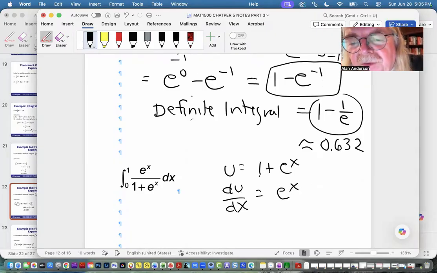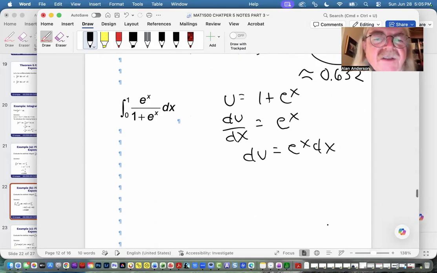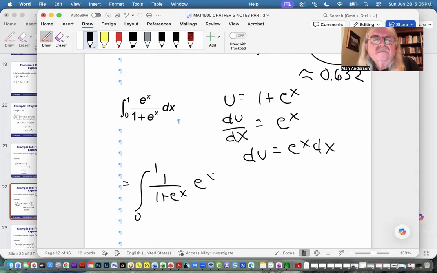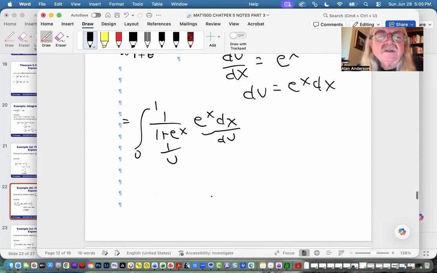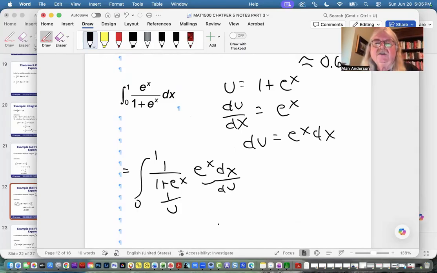Now, of course, the derivative of 1 is just 0. So if you rewrite this slightly, you can see that what we have here is du, and this is 1 over u. So this is what we have. Oh, and one more thing. We still have to replace those limits of integration.